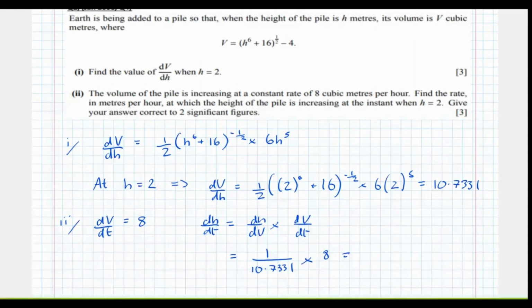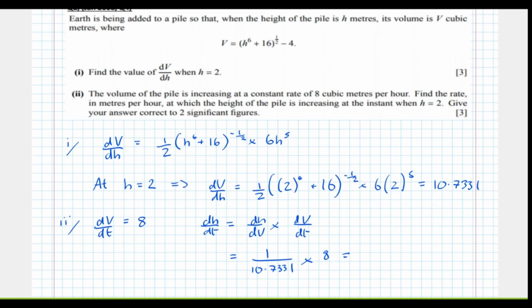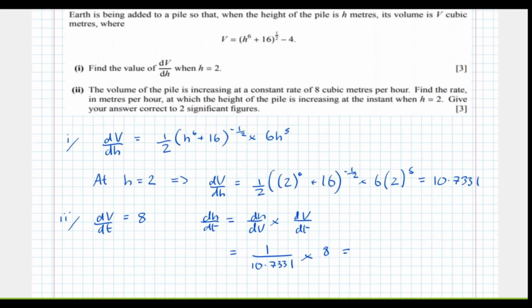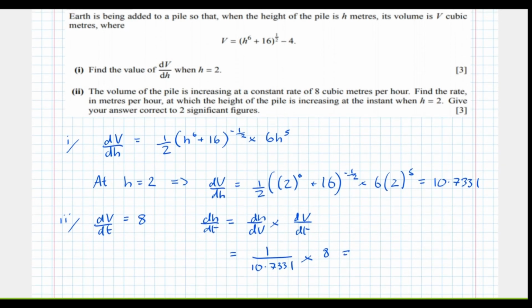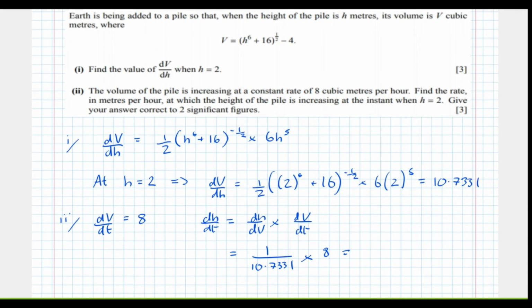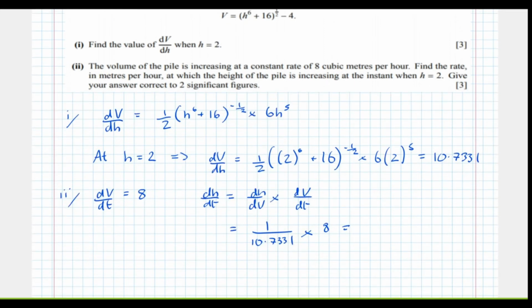So what was the unit for what we're trying to find? dV by dh would be cubic metres per metre. It doesn't actually seem appropriate to put the unit there because one's cubic metres, the other's metres, so the units don't cancel. I'm going to retract that claim. I'm going to stay well clear of the units on that one.